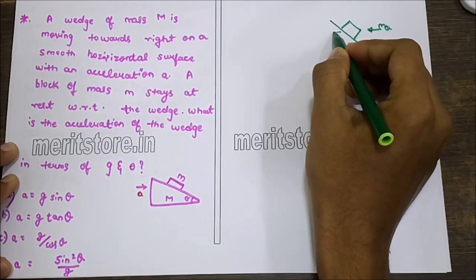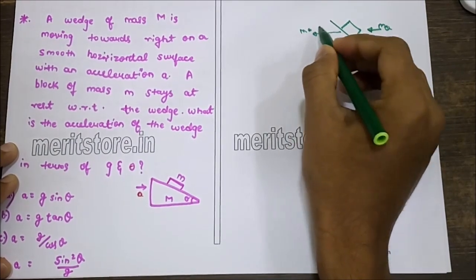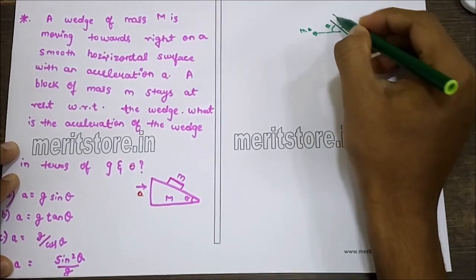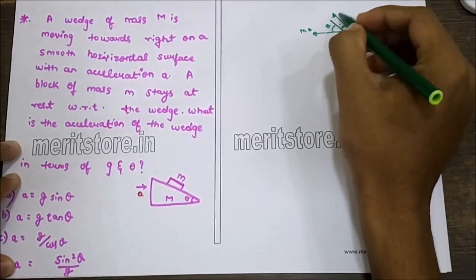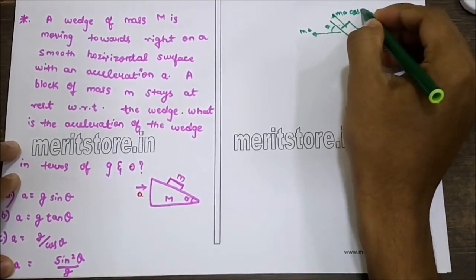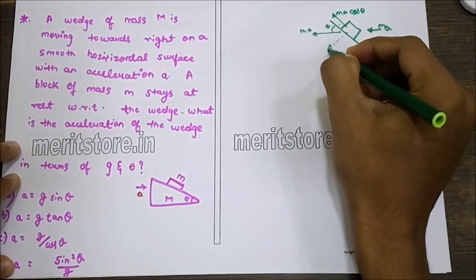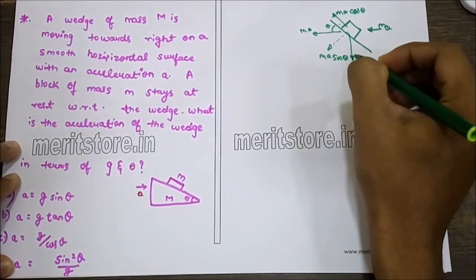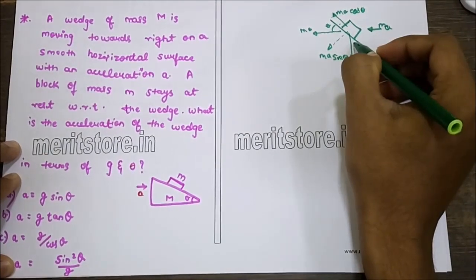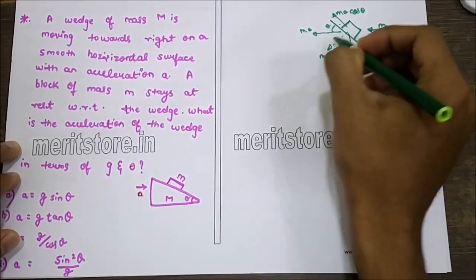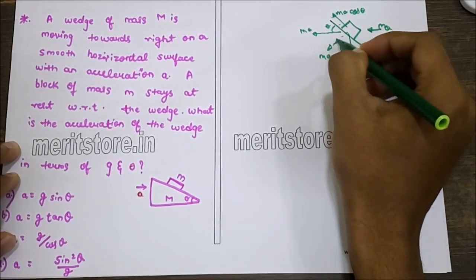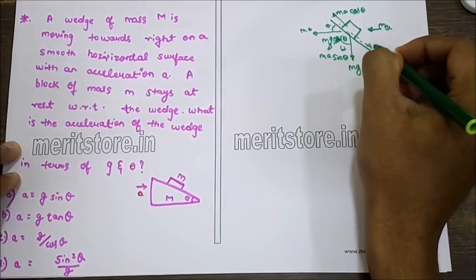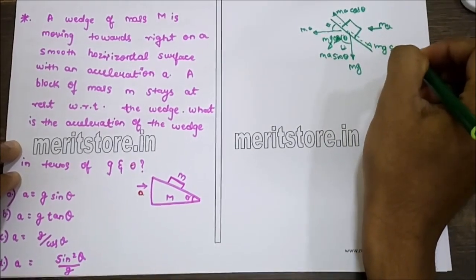Therefore, this imaginary force ma can be resolved along the components as ma cos theta and ma sin theta. Now the weight of the object, that is mg, can also be resolved into two components, that is mg cos theta and mg sin theta.